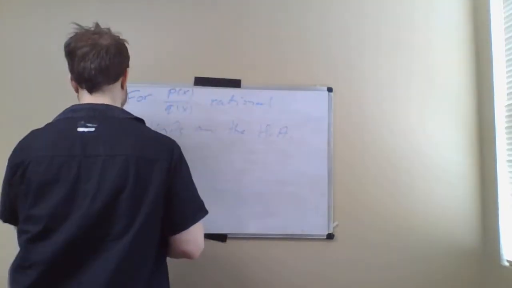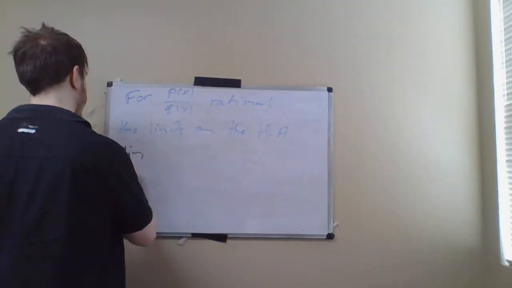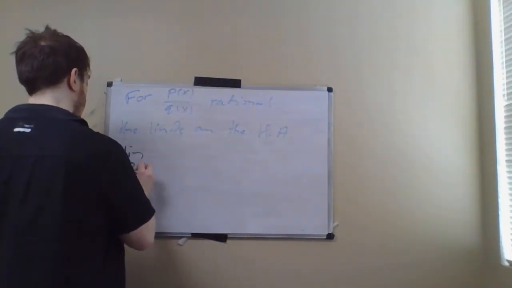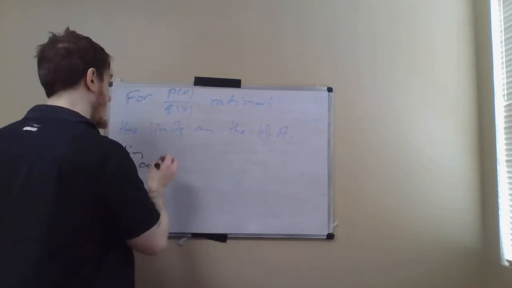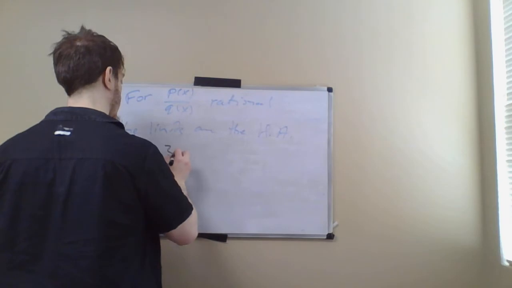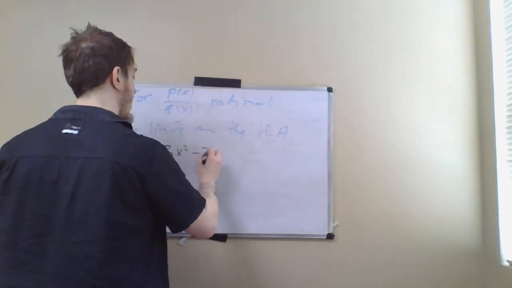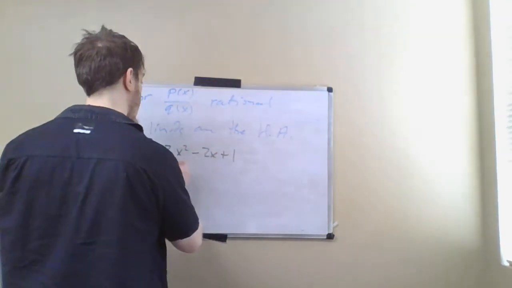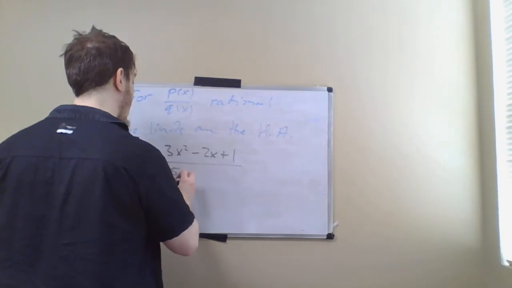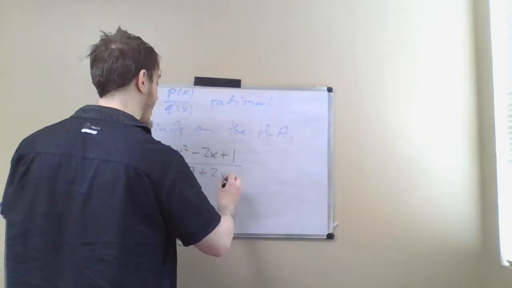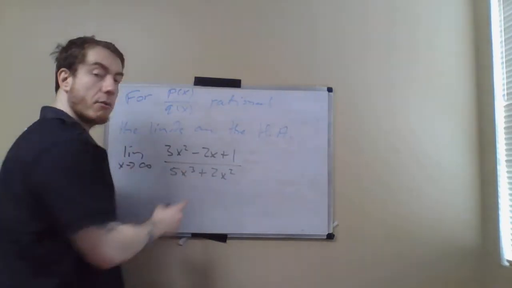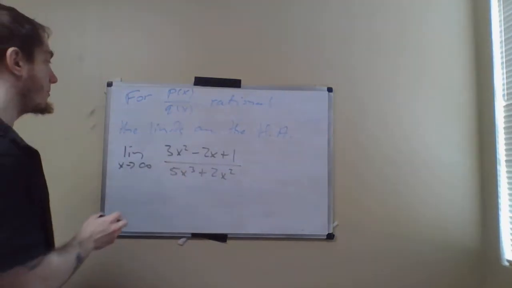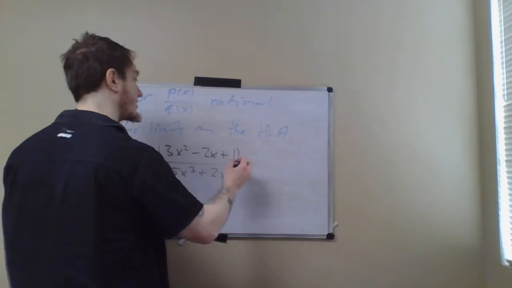So if I want to do the limit as x approaches infinity of, let's say, 3x squared minus 2x plus 1 over 5x cubed plus 2x squared, the highest power of x here is an x cubed. So I multiply everything by 1 over x cubed.